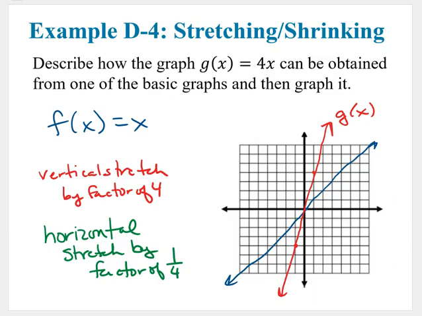So horizontally, we want this distance to be 1/4 of the distance. So this point, which was 1 point away from the y-axis, is now 1/4 of the distance from the axis. I think the easiest thing would be to look at 4. Here it is 4 units away, and now notice it's only 1 unit away. It's 1/4 of the distance from the y-axis that it was at the beginning. But notice in the end, you still get exactly the same graph.